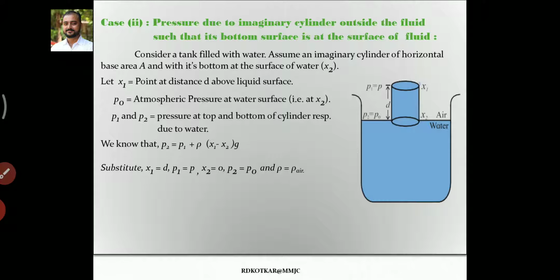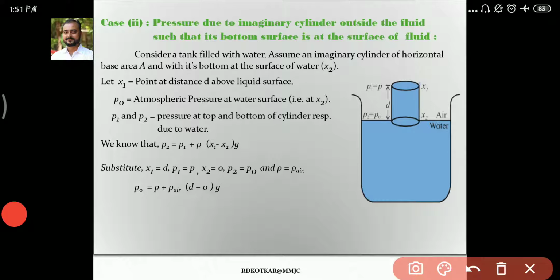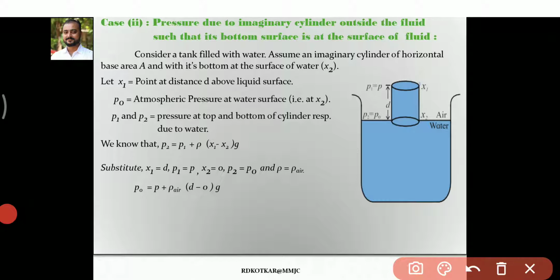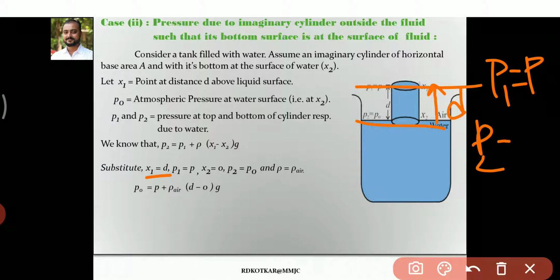Why x1 equals d? x1 is present from the surface at a distance d. P1 is the pressure at this place, which is the pressure that we have to find. At the surface we consider the pressure P2, where the atmospheric pressure is present.